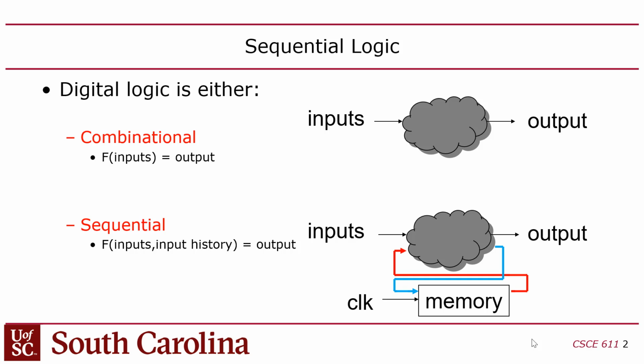And then there's sequential logic, which is where the output is a function of both the inputs and some kind of input history. So sequential logic implies that there's a memory of some kind in your circuit. And we've used this already. We've implemented sequential logic using always_ff @(posedge clk).